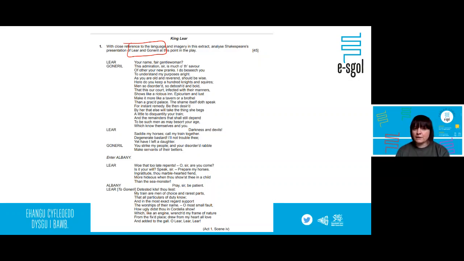So she is careful here, Goneril, at the opening, if you have a look at that section, here with beseech you, okay? Careful to appear to be asking rather than ordering him, okay? So very clever, very intelligent approach from her, okay? And then if you notice then, you've got words such as pranks being used, disordered, debauched, you've got riotous, epicurism, lust, tavern, brothel, okay?